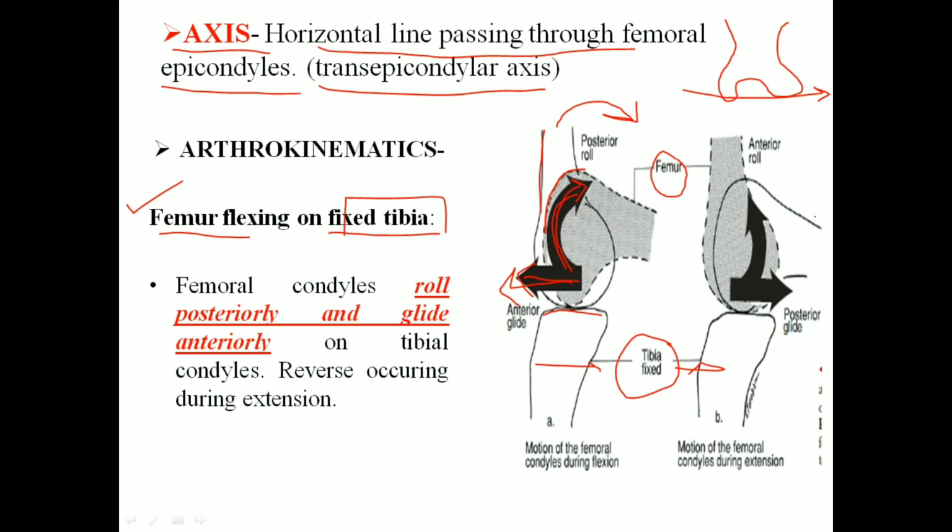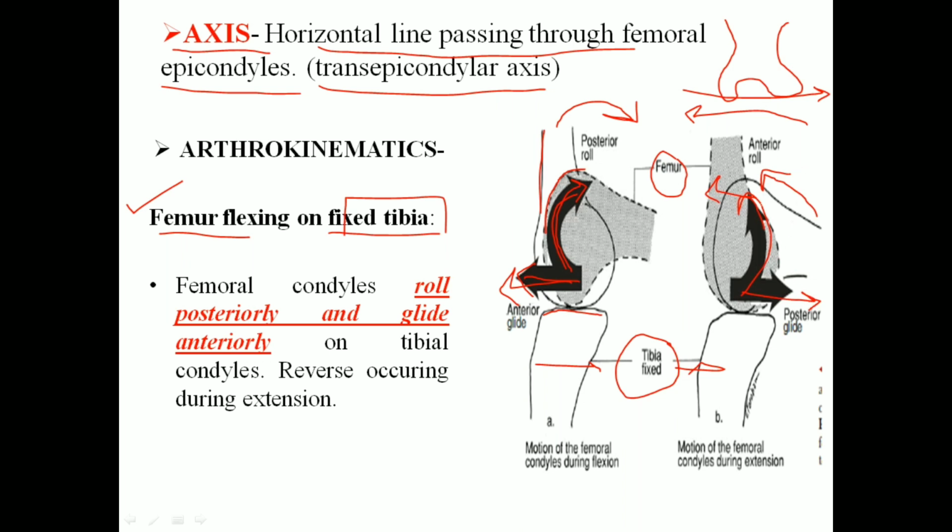Similarly, when we are coming from flexion to extension, the roll will be in the anterior direction because the angular movement of the bone is in this direction. So obviously the roll will also be anterior, and when the roll is anterior, the glide will be in the posterior direction.